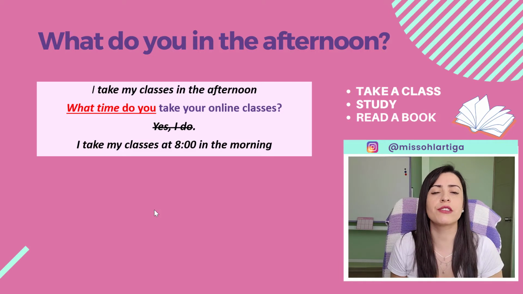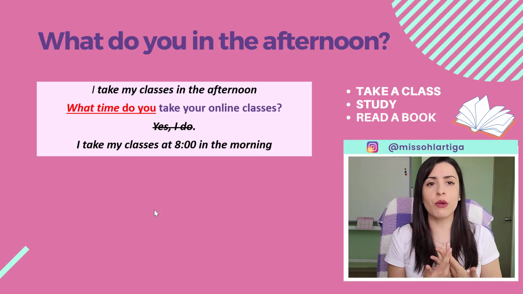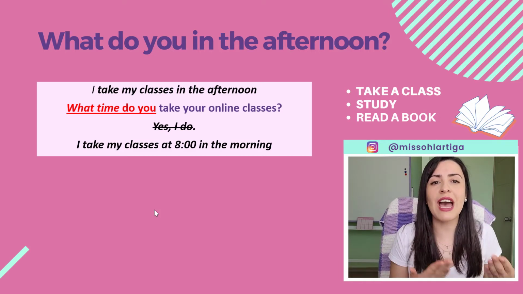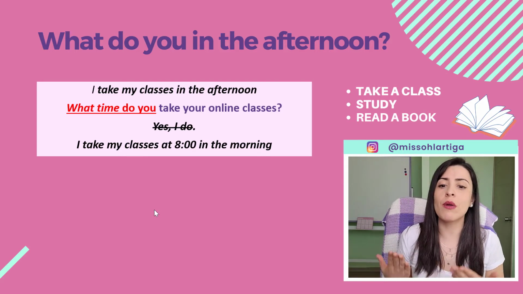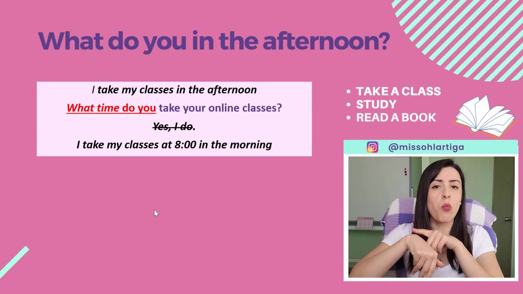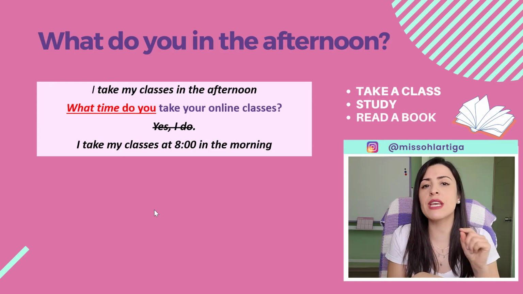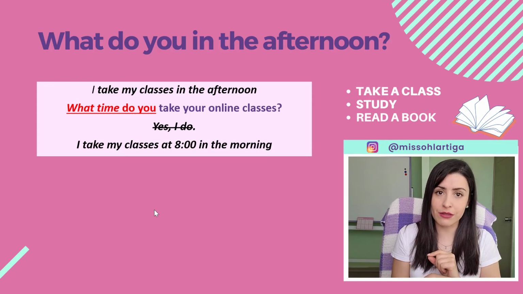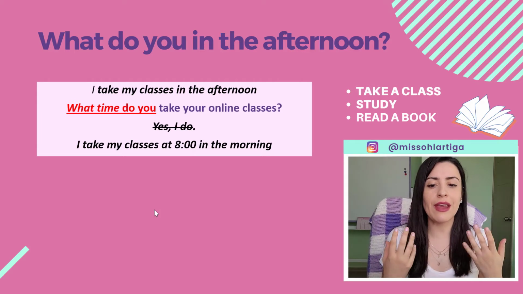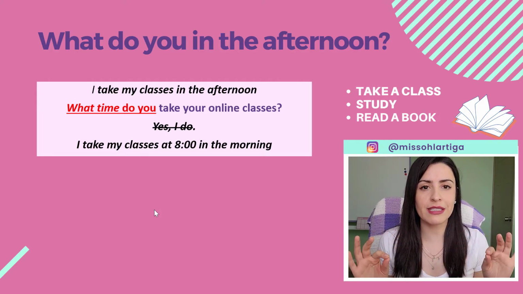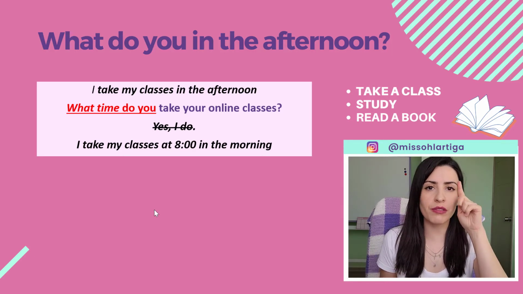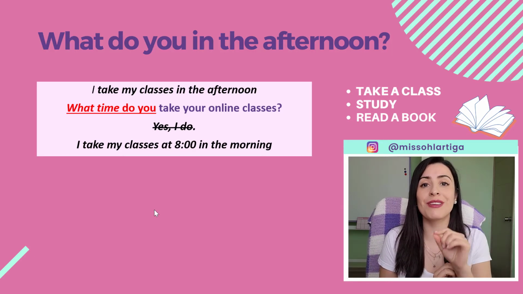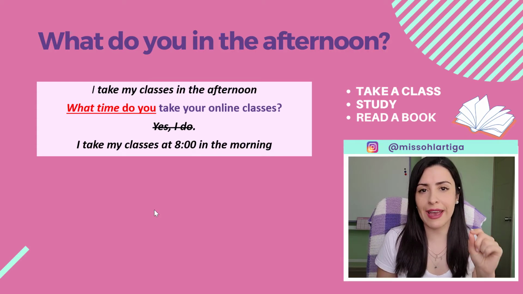Okay, another question that is very useful is to ask about the time at which an action occurs. For example, you can say, what time do you take your online classes? So in that case, you can answer with a complete sentence like, I take my classes at. So remember the preposition when you're talking about the time is always at, okay?